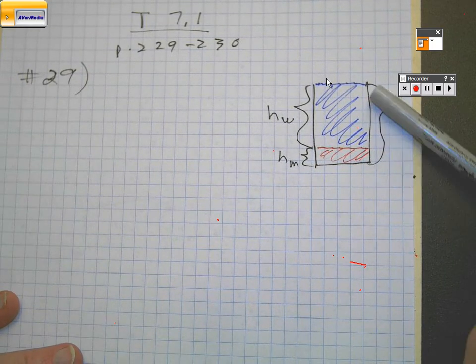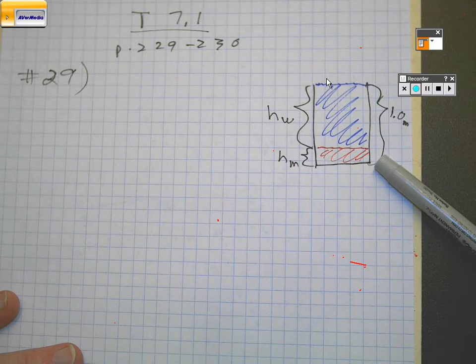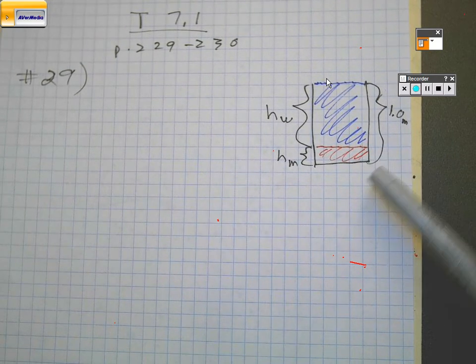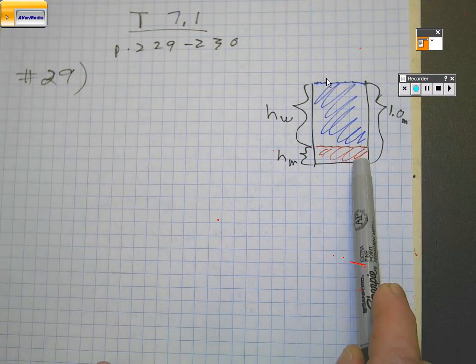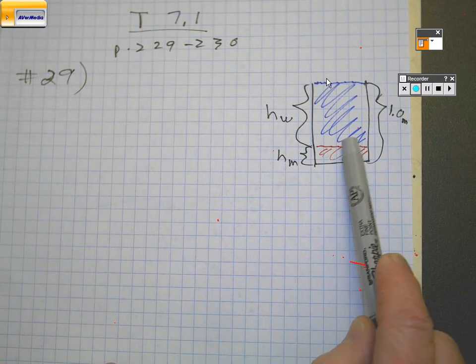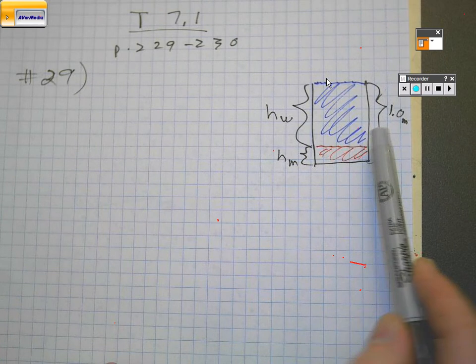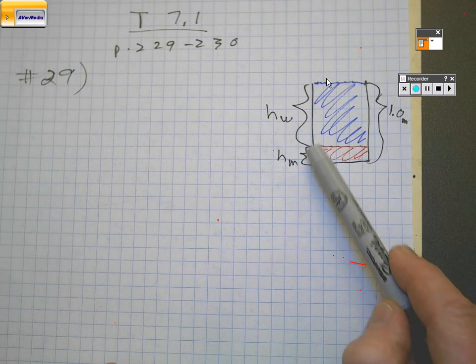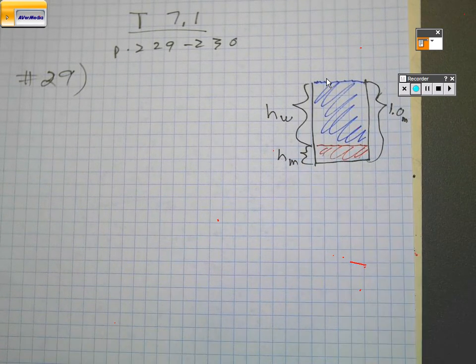There is a height of 1 meter for the material that's in this. It has mercury at the bottom, which I've indicated with red, then water. The 1 meter has the height of the mercury plus the height of the water. So the 1 meter is the total of the two.